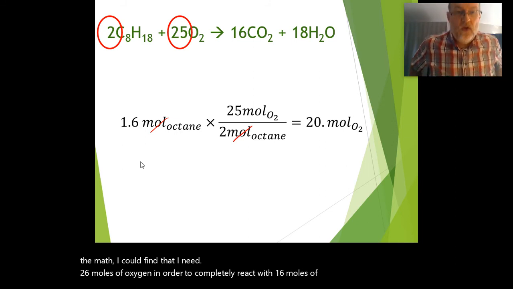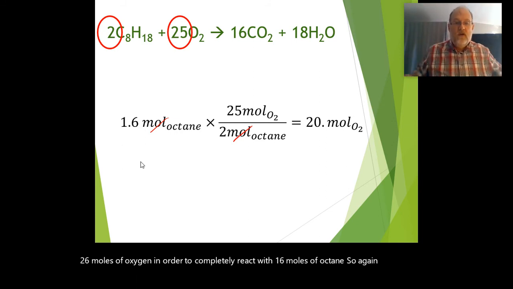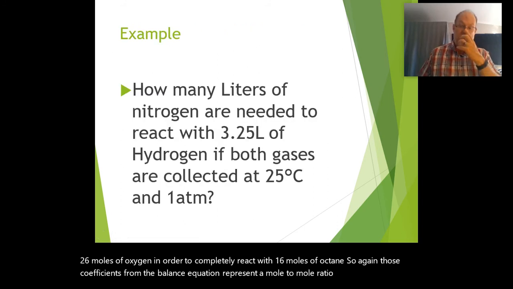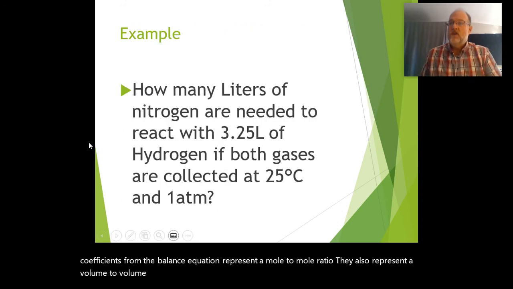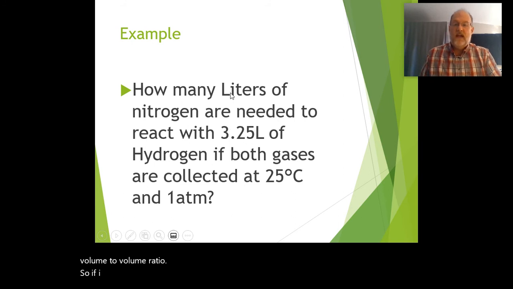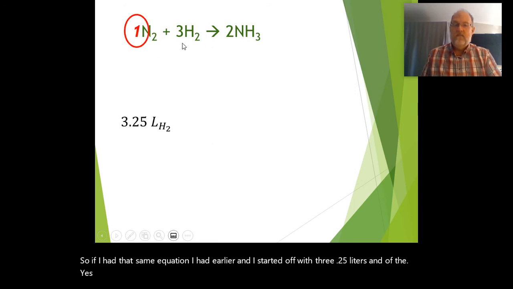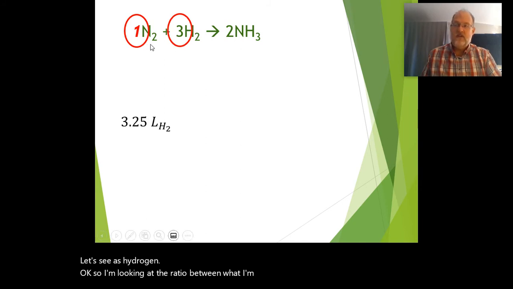So again, those coefficients from the balanced equation represent a mole-to-mole ratio. They also represent a volume-to-volume ratio. So if I had that same equation I had earlier, and I started off with 3.25 liters of the, let's see, that's hydrogen. Okay, so I'm looking at the ratio between what I'm being asked about, which is nitrogen, to what I am given, which is hydrogen.